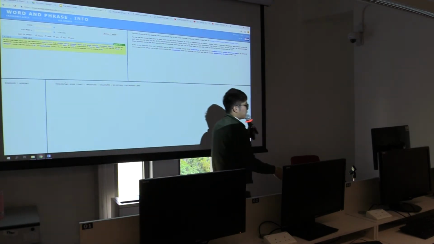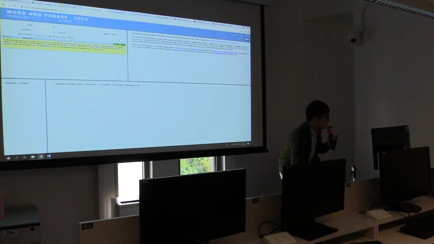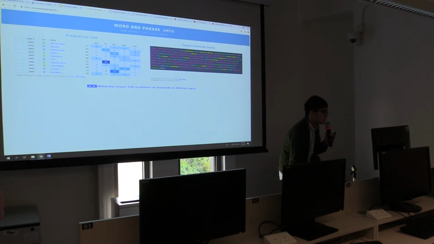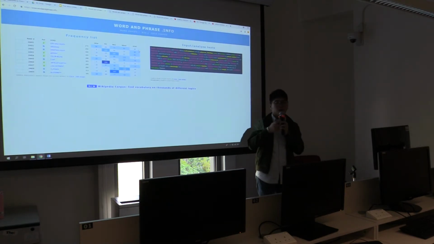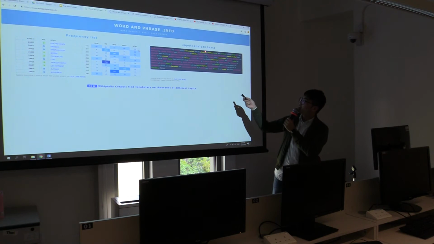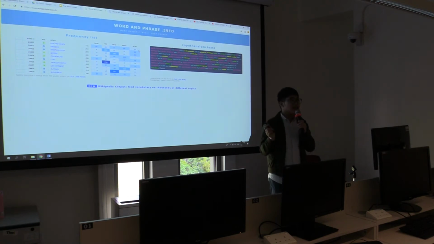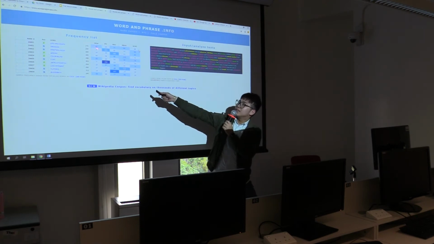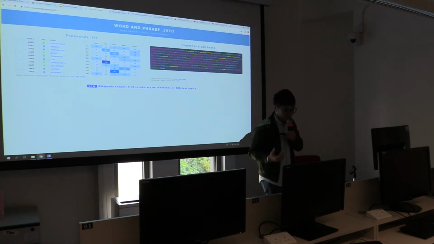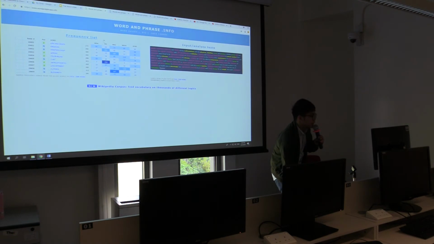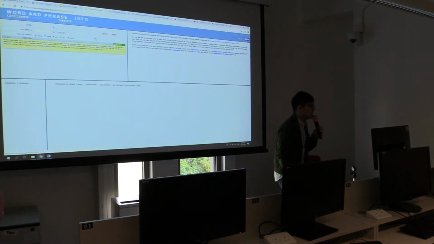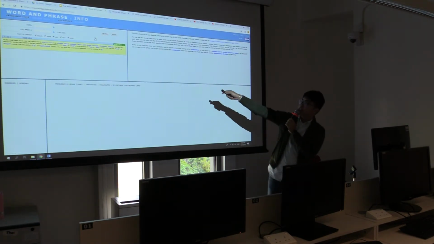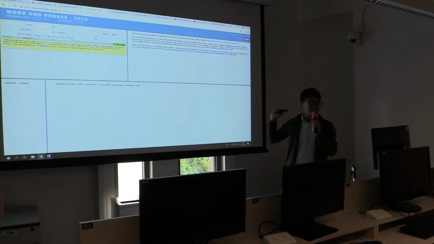Basically, when you enter the website, it will be something like this. Two sides, right? One is the frequency list, and another is the input or analysis text. Today we are going to have a look at the left-hand side one, the frequency list. When you get into the website, you can click frequency list, and then you should see something like this.